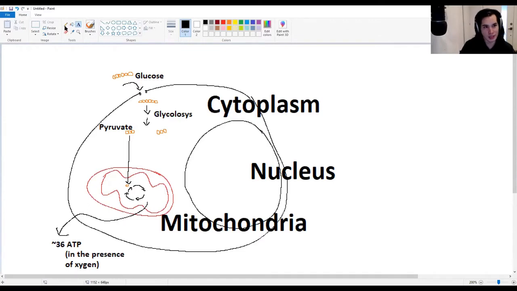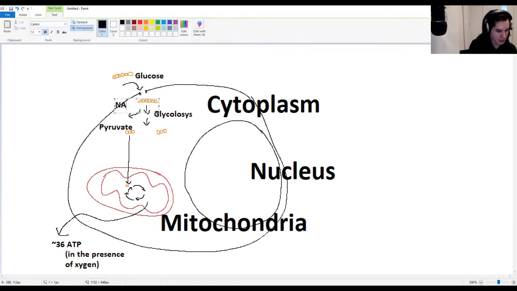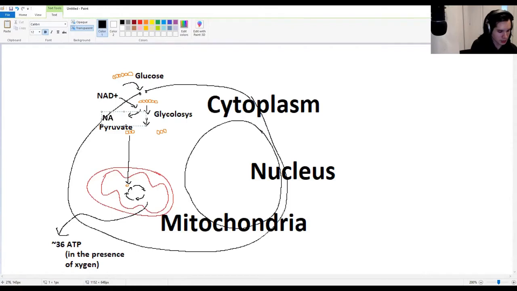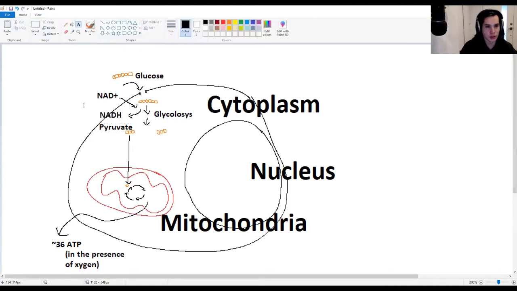And actually just to add to glycolysis, I know we make pyruvate, but we're also using, and I'll write it this way, we take NAD plus, that's fed into glycolysis and out pumps NADH.